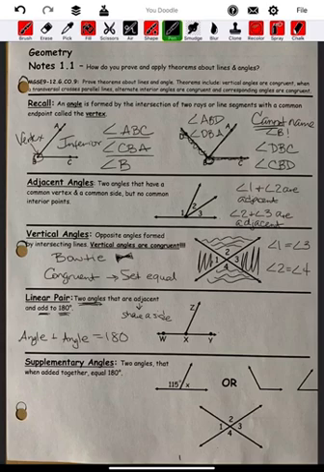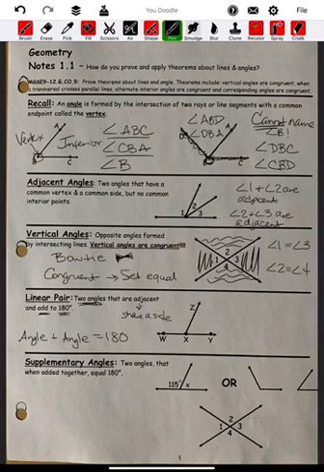So that means that when you add the two angles up together, they should give you 180. If they give you anything less than or more than 180, which in this case they really can't give you more than 180, but I'll get into that a little later on, but you should not get anything less than 180. If you get 160, 154, 179, it's not a linear pair.